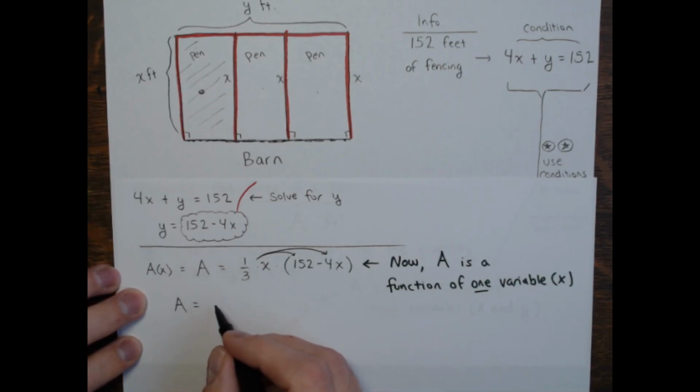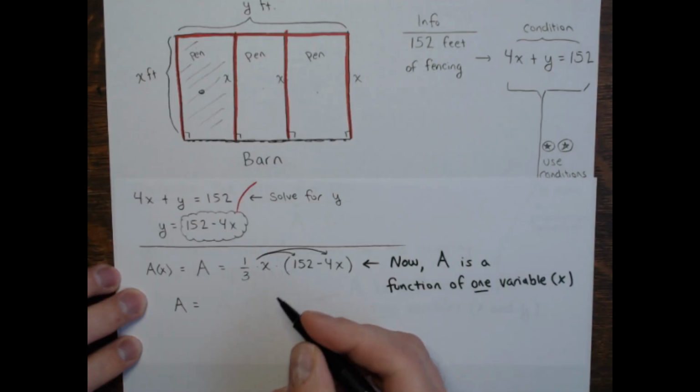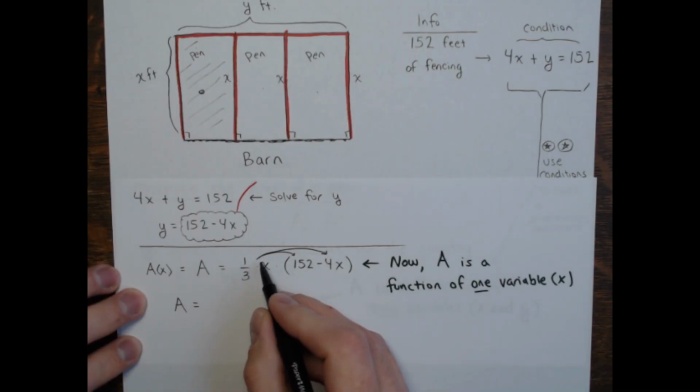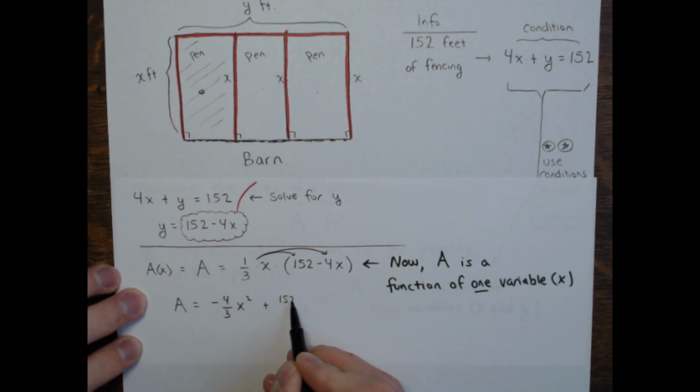Actually, I'll just do that in the next line. Now 152 is, that's 6 and 8. That's not divisible by 3. So if I put the highest powered term first, like we normally do for polynomials, that'd be negative 4/3 x squared, and then plus 152 thirds x.